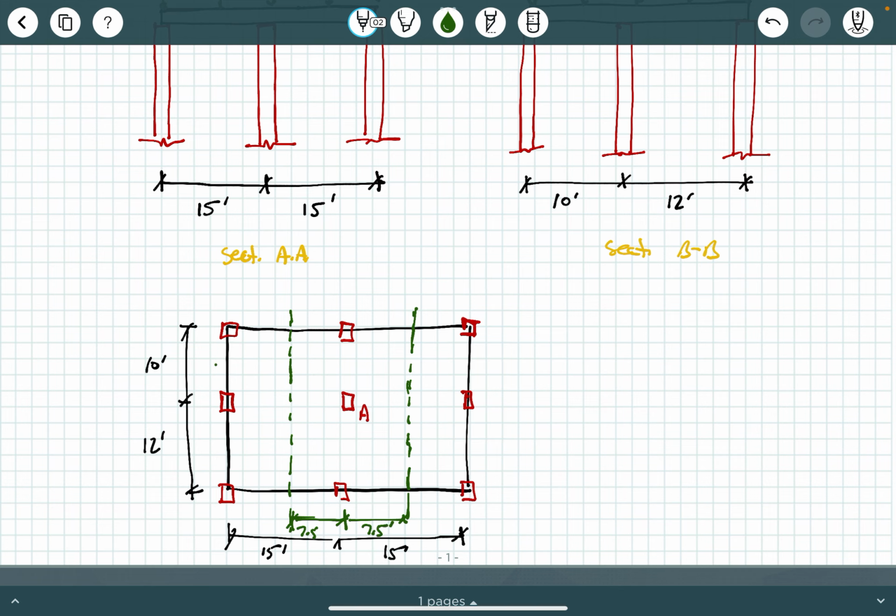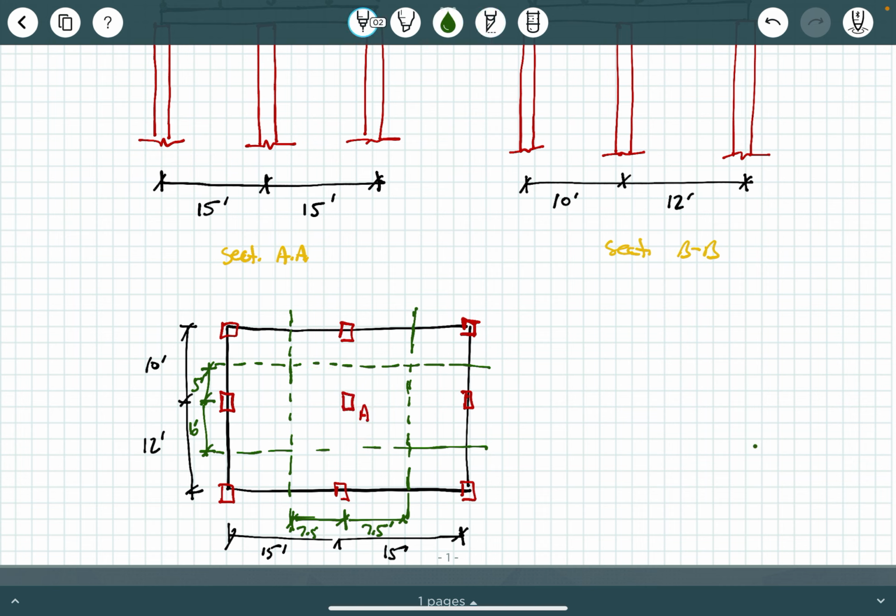Now, what about in the other direction? Well, again, I'm going to go halfway in between adjacent columns, okay? So if I go halfway in between adjacent columns, what is this dimension here? Well, that's 5 feet. And then what is this dimension here? 6 feet, all right? And so the way we're modeling this is that the tributary area for column A is this rectangle, all right?